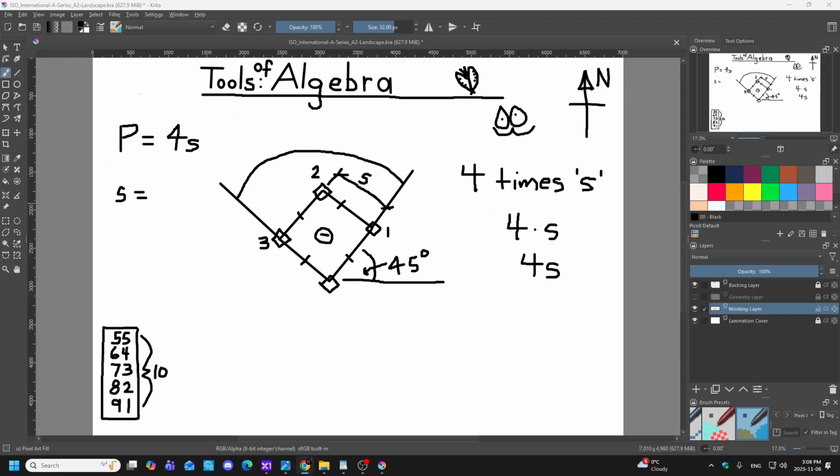Okay, distance between bases, baseball fields, 90 feet. Whew, that's a lot of running, isn't it? But that's okay. Exercise is great.